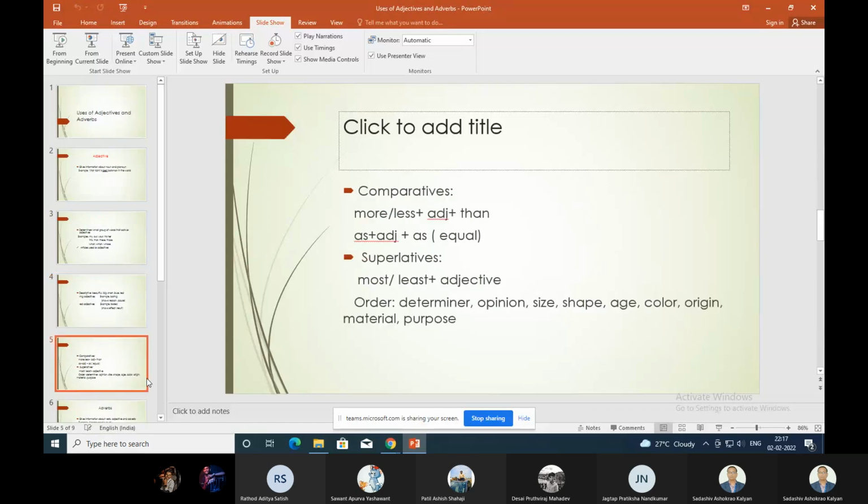And we also studied the degrees: positive degree, comparative degree, and superlative degree.